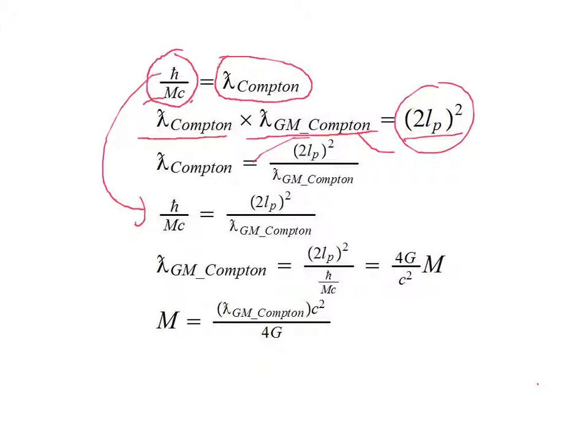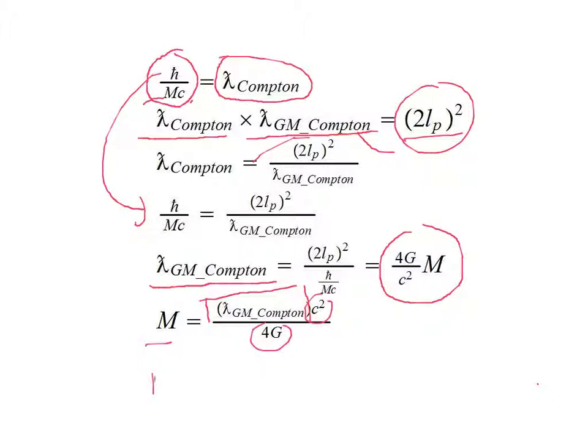it around a little bit, and we find that the geometric mean counterpart of the Compton radius is equal to 4 times G divided by c squared times the mass. And rearranging, we find that the mass is equal to the geometric mean counterpart of the Compton radius times the speed of light squared divided by 4G.